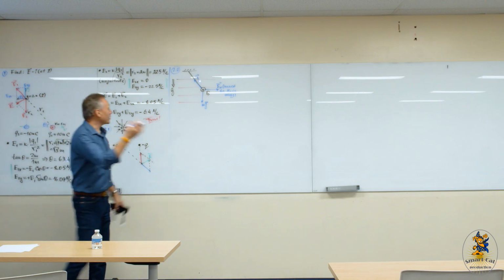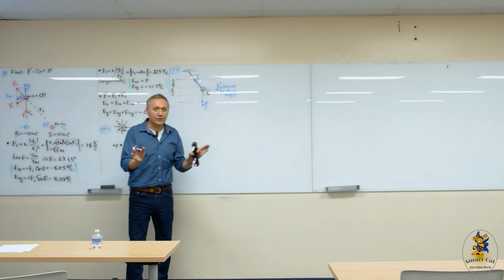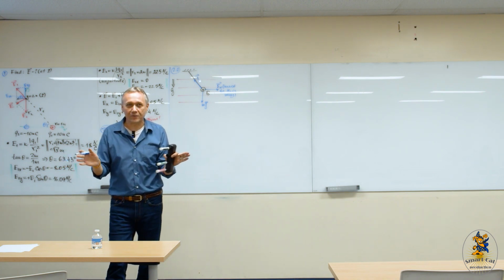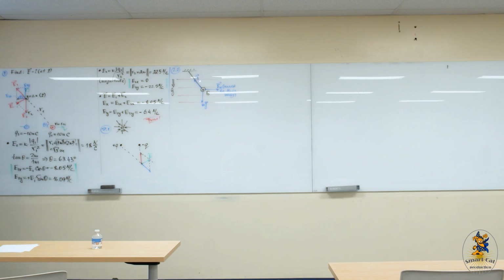And now you see the direction of the electric force. So from this, you should be able to tell what's the direction of the electric field. You remember this fundamental formula for the electric force? Now we see the direction of the electric force. Do we have information about the charge?